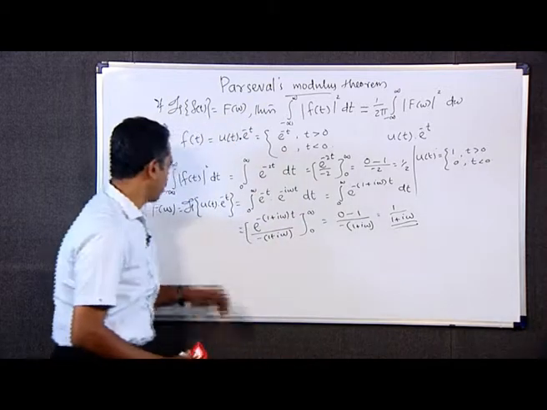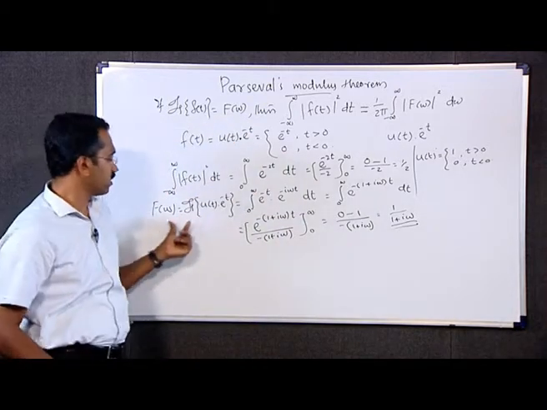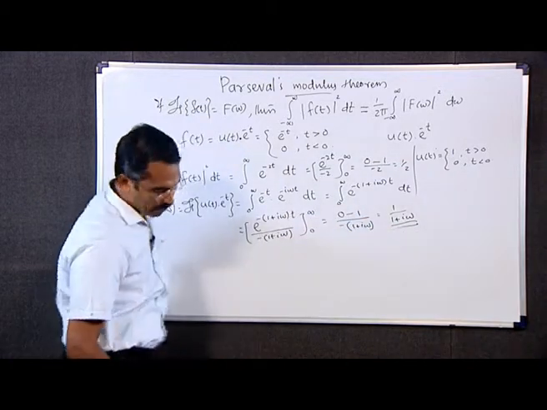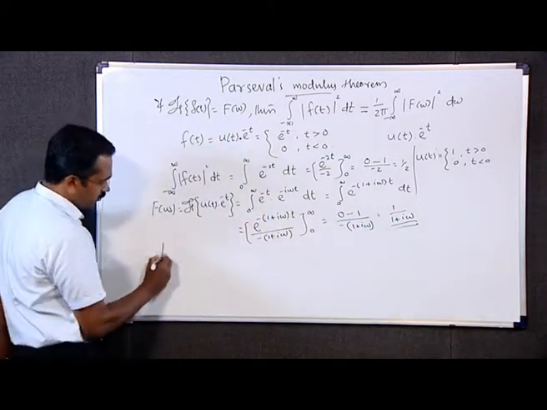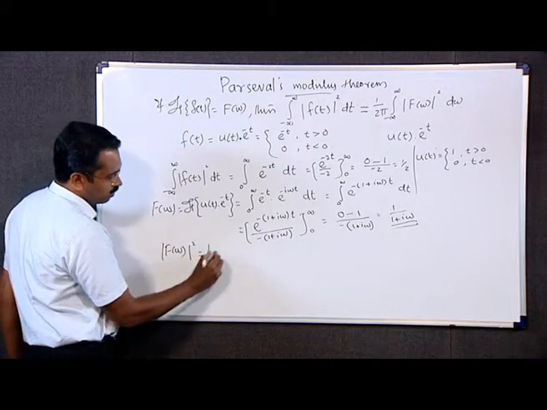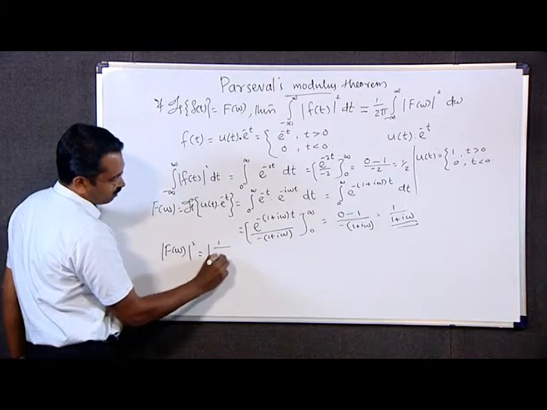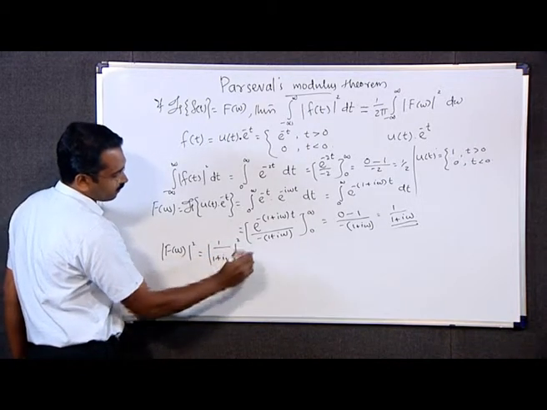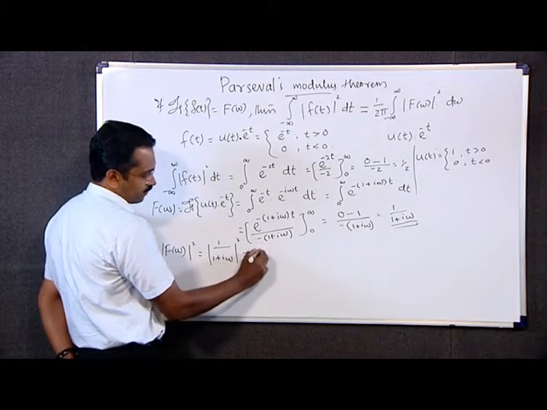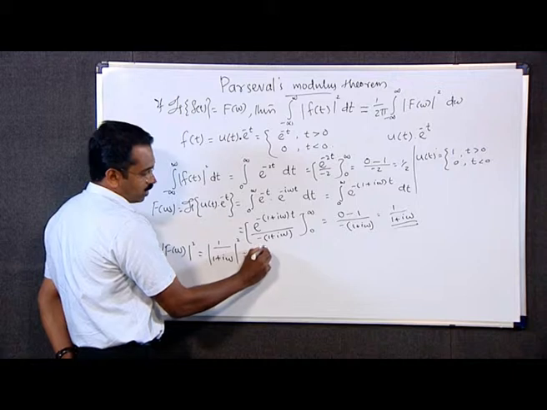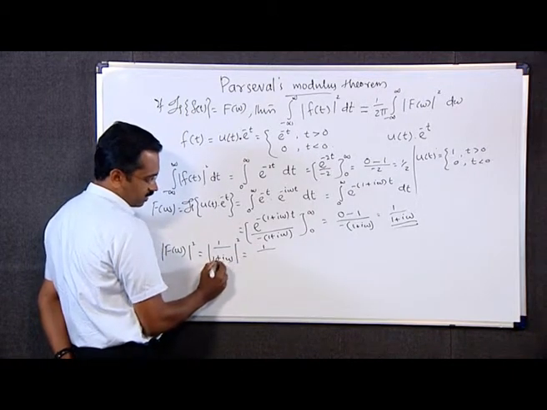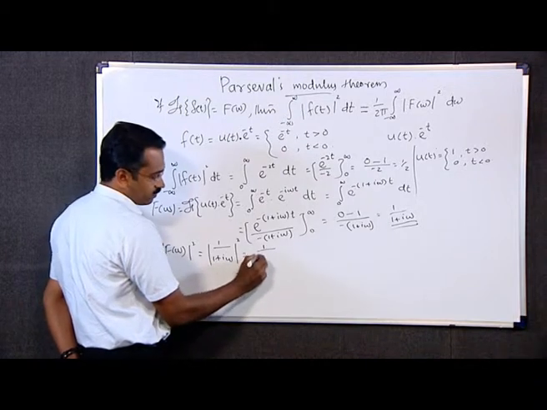This is the Fourier transform of the given function, that is f of omega equal to 1 by 1 plus i omega. Now, modulus of f of omega square is equal to modulus of 1 by 1 plus i omega the whole square. By the property of modulus, we can write this as mod 1 divided by mod 1 is 1, modulus of 1 is 1 divided by modulus of 1 plus i omega.